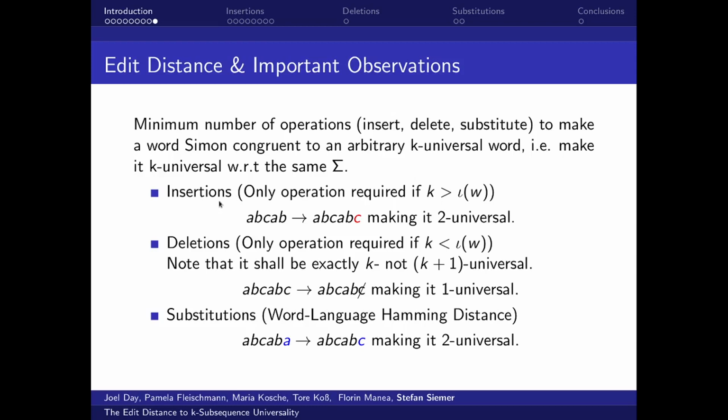These insertions will always just enrich the set of subsequences. If we want to decrease the universality, then it's enough to consider deletions. In the case of substitutions, we can both increase and decrease the universality of our word, and this is interesting to consider because it yields the word-language Hamming distance. In the rest of this talk, I will mainly focus on insertions and then mention some ideas on deletions and substitutions.